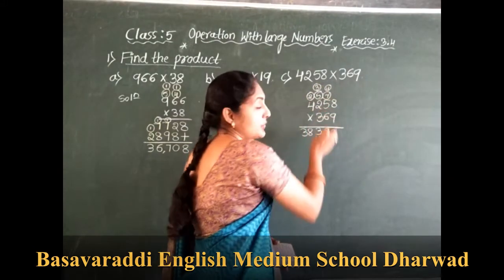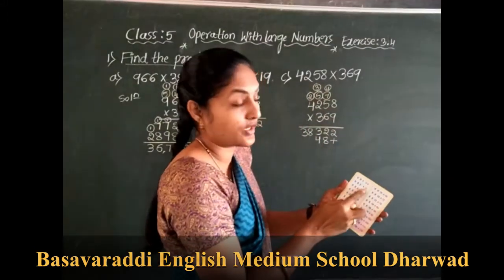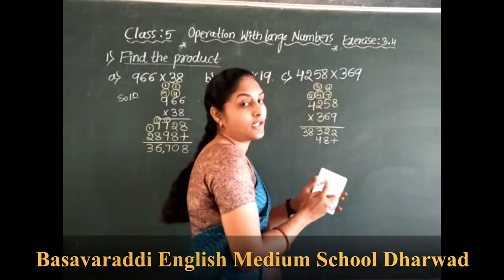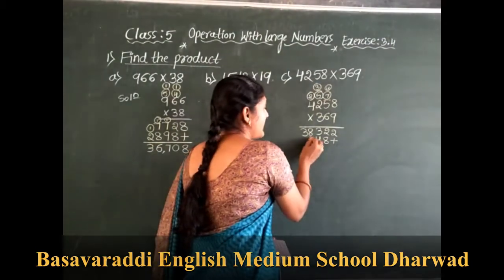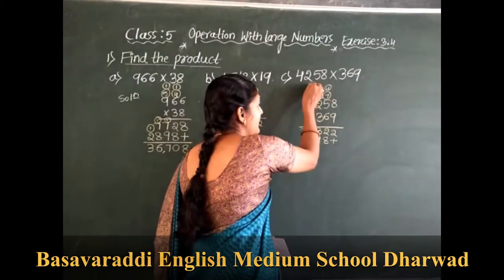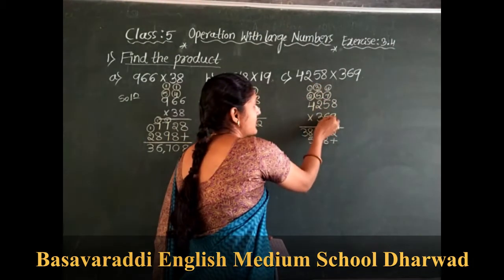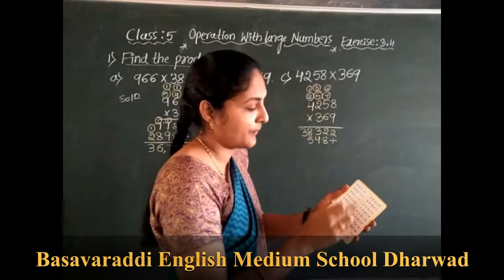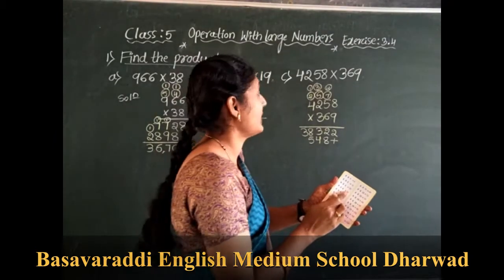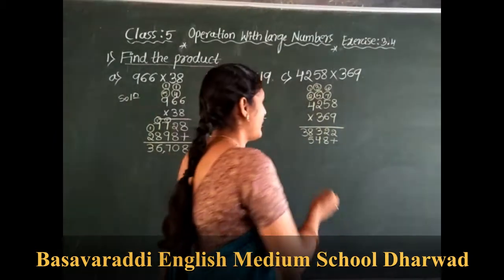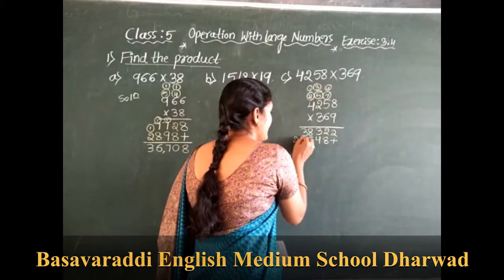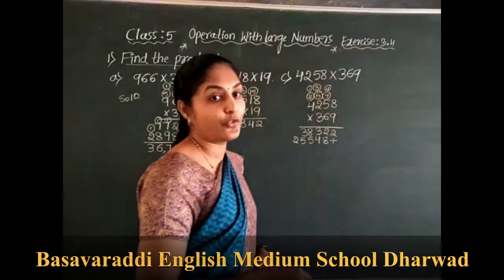Next, 6 4s are 24. The 24 plus 1 is 25. The tens place multiplication is finished.